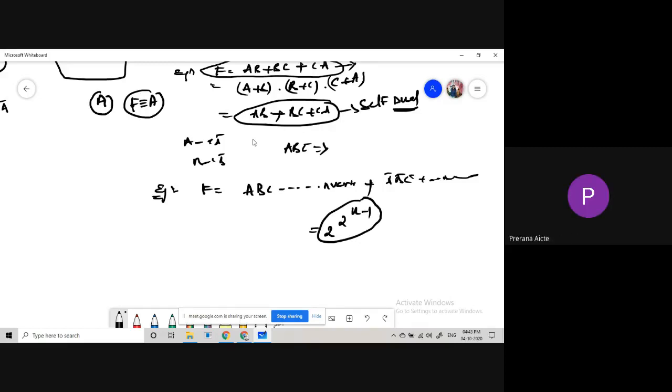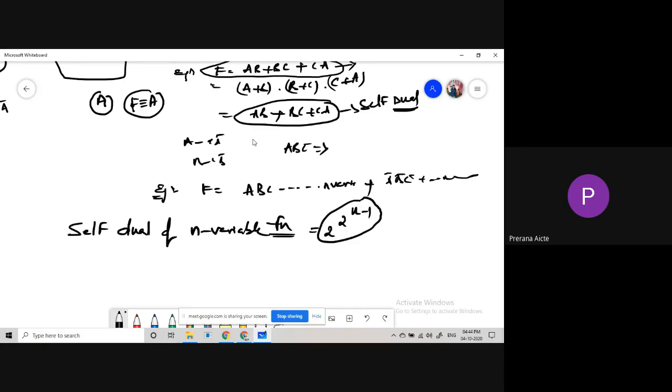Simply, if I'm taking the self dual of an n variable function, at that time we are using this formula.